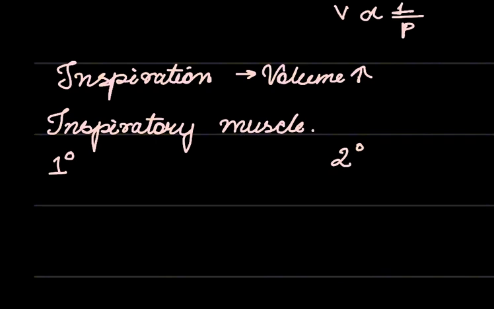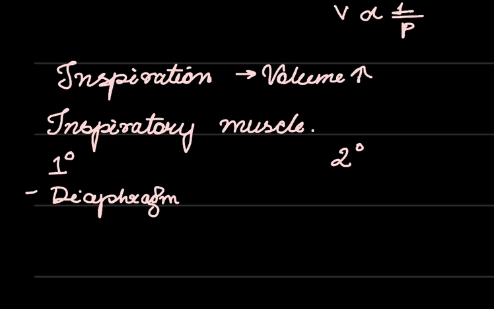Among the primary inspiratory muscles, we have the diaphragm. About 75% of the volume change is caused by the diaphragm. One of the most important muscles, if the diaphragm gets paralyzed, what happens to the individual? We'll be talking about that as well.